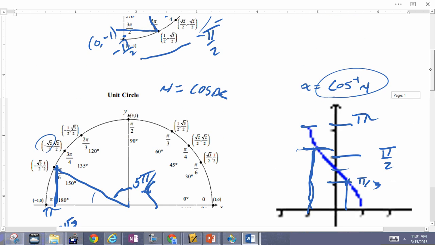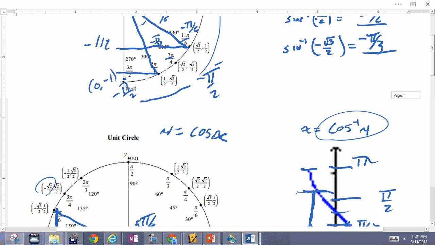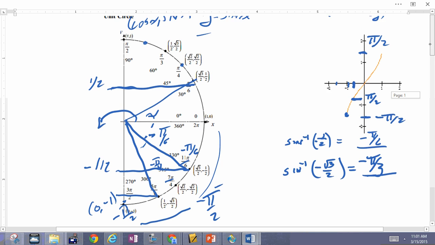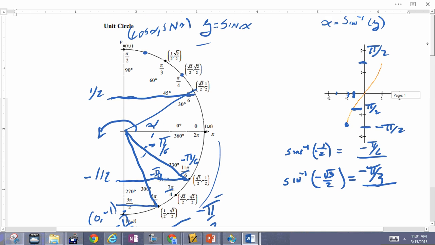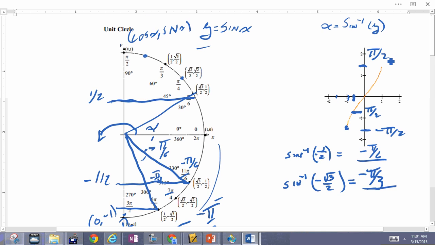So you can use the unit circle when evaluating inverse sine: we're looking at the unit circle where the angles of rotation run between negative pi over 2 and pi over 2, which implies the right side of the unit circle.